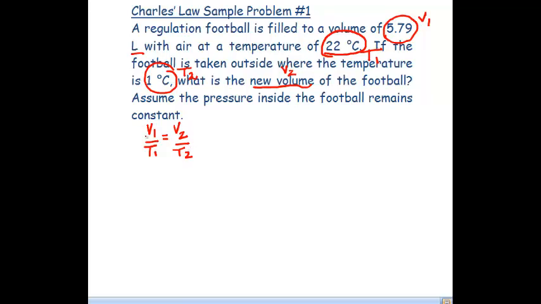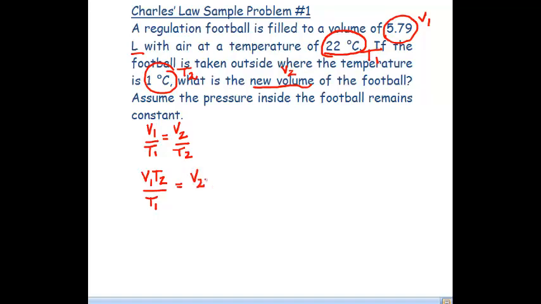I'm going to need to move it to the other side, and what that involves is multiplying by its reciprocal, and whatever I do to one side of the equation I have to do to the other. All of that's early logic school math. But what it's going to do ultimately is give me this: V1 T2 over T1 equals V2.